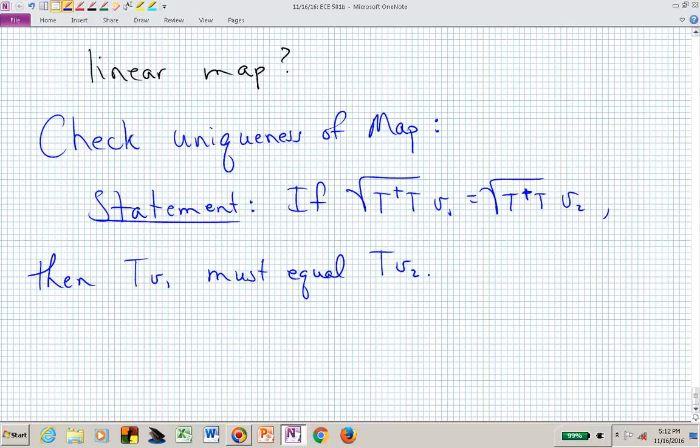If that's not true, we have no hope of creating an S1 that maps the square root of t dagger t v1 into tv1.